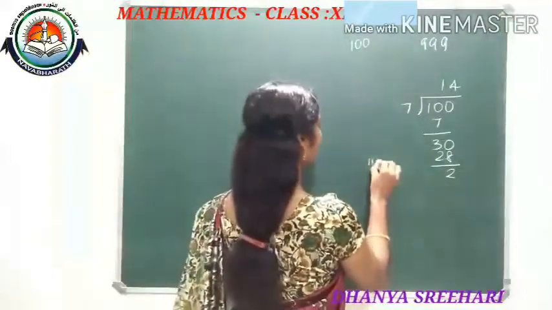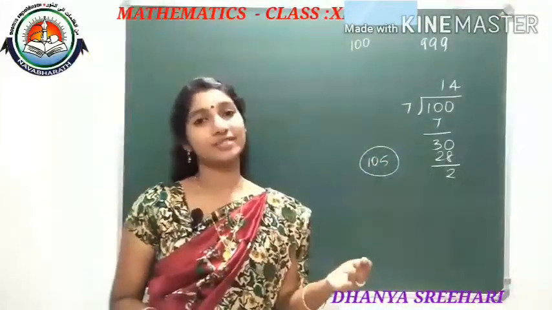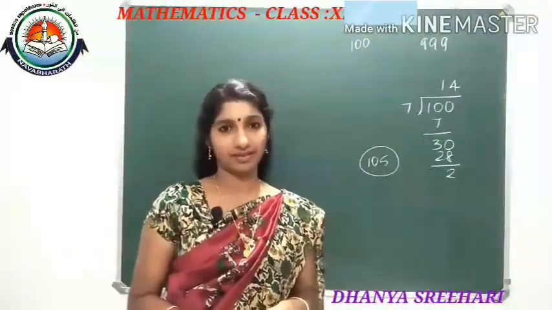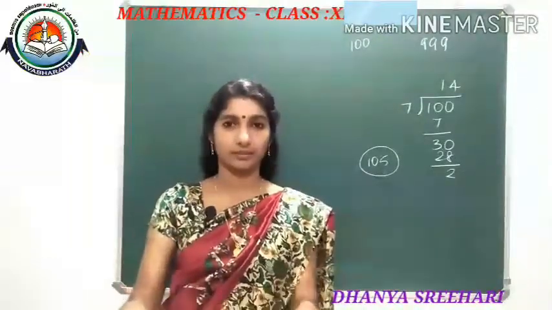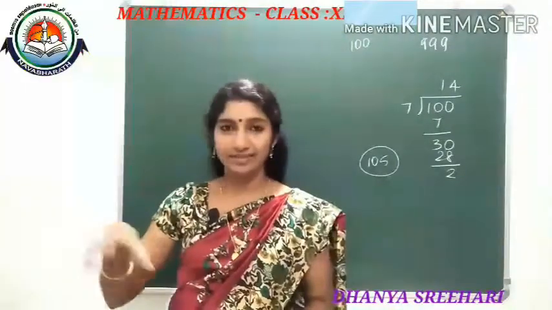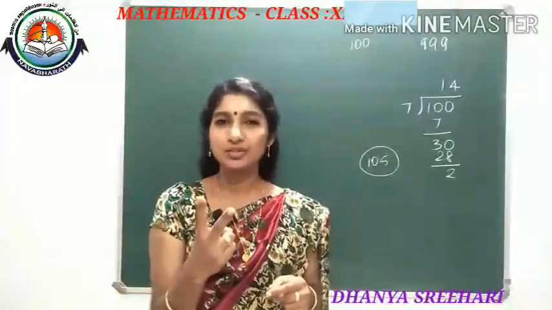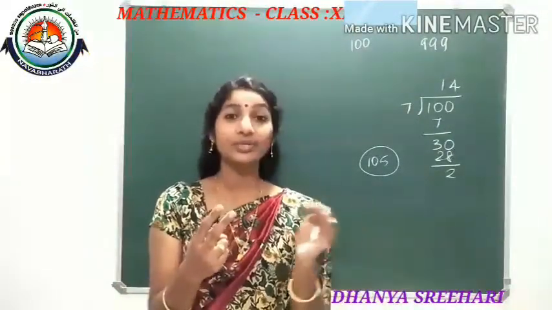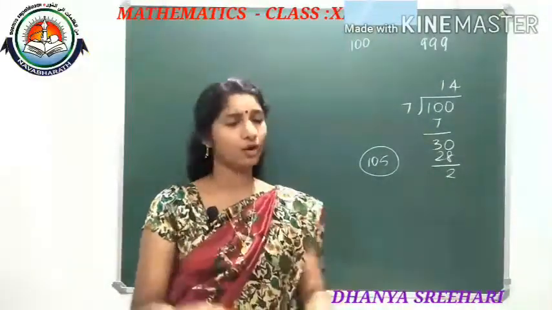So 105 is the next multiple of 7, or 105 is divisible by 7. Got the idea? Suppose 100 pebbles are there. We took 14 sevens, balance 2 we got. Then how will you make it a multiple of 7? You need 5 more. 2 plus 5 makes 7, isn't it? Or you can think like this.